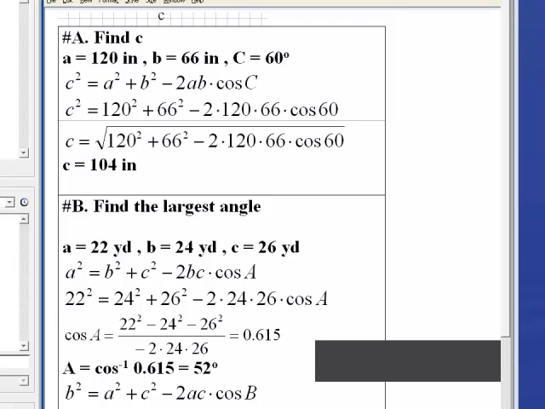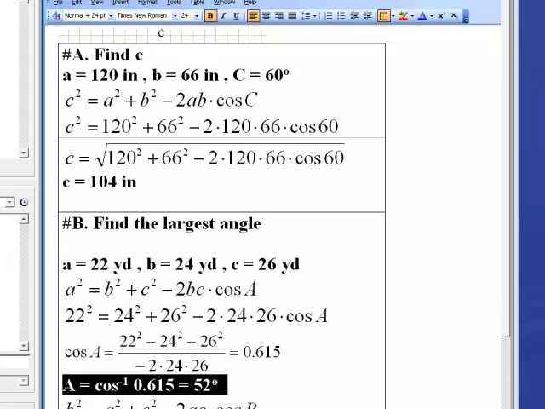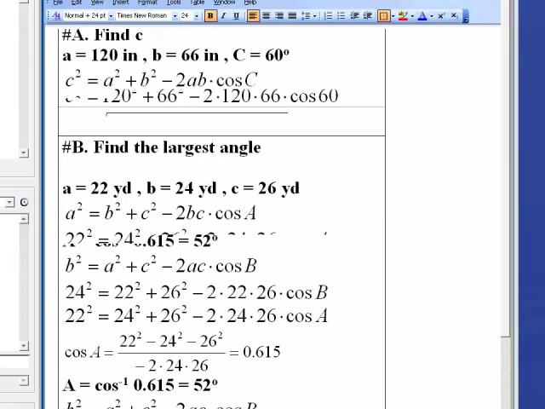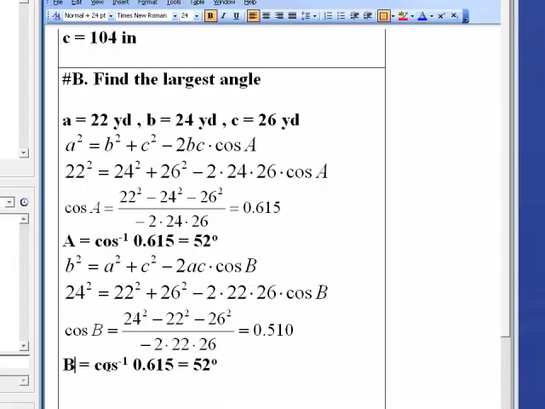Did I do that right? I think so. That's right. On my calculator, I need to switch a few things here. There we go. 0.510, and that will give me 59.3 degrees, or around 59 degrees.